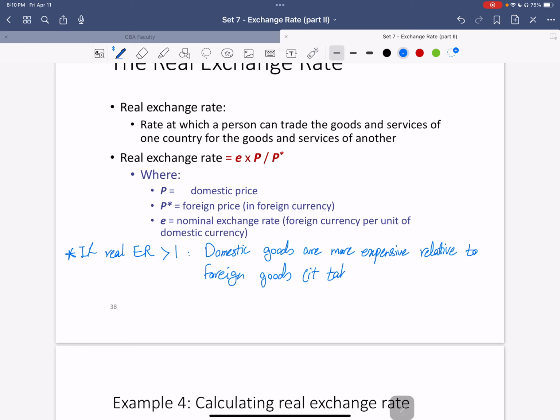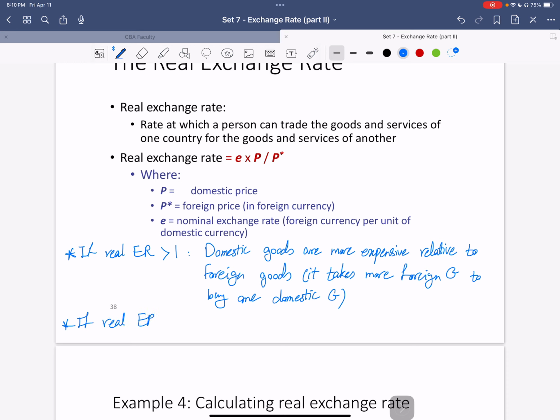It takes more foreign goods to buy one domestic good.